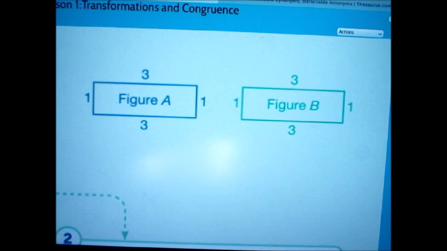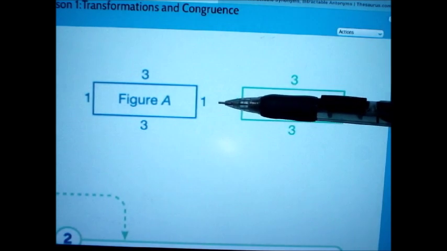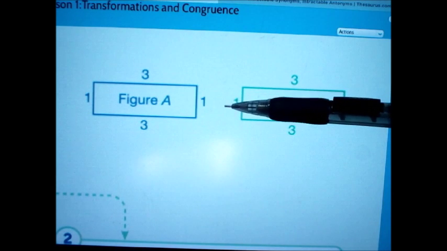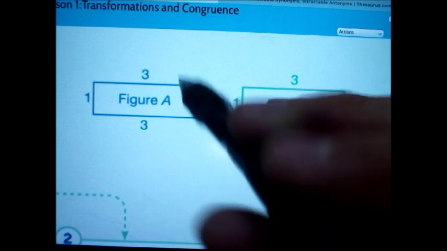So we could say, what if it was a rotation? How could it be a rotation? Where would its center of rotation be? Well, there's no x and y axis here, so you can't tell me that. It would have to be right here, right?